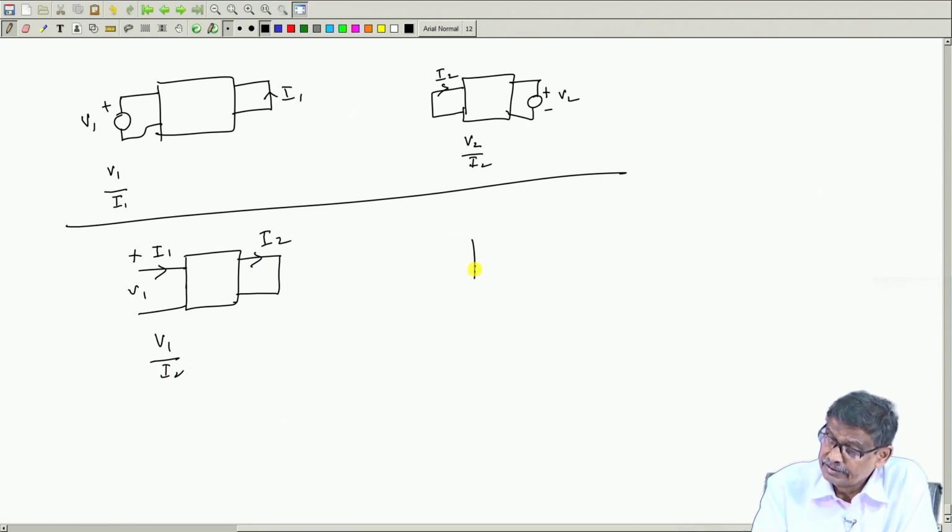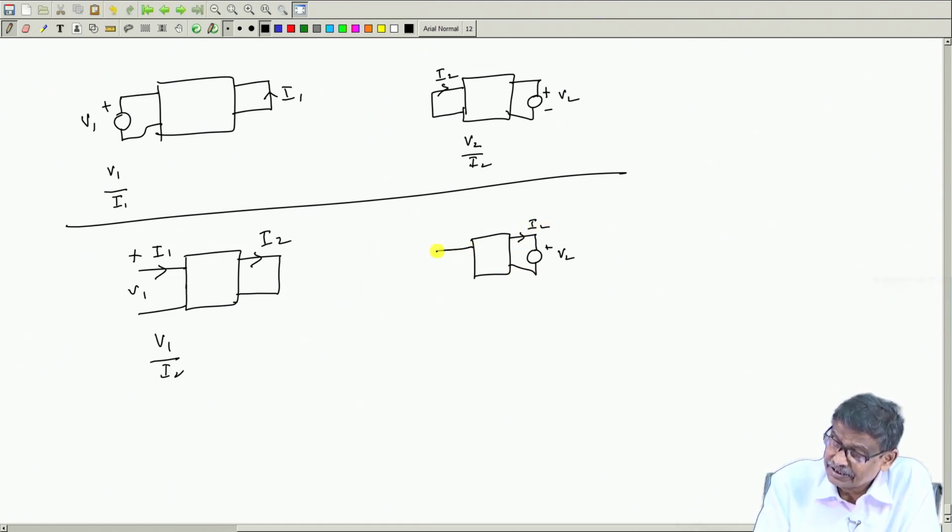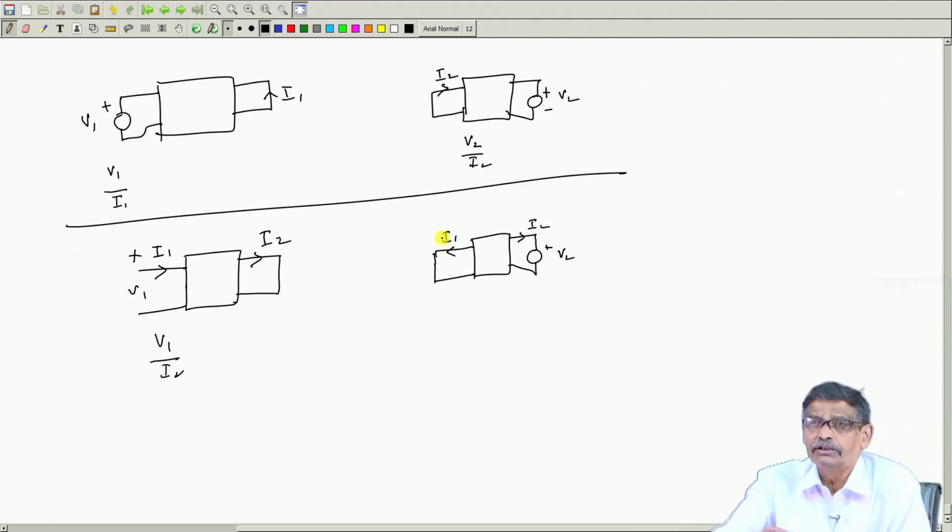But then in the second case, this is V2, this remains I2, but this current is of interest: transfer this voltage divided by this current. If somebody says this current is I1 when you short it, because direction of current is my prerogative, I will choose the way I like.